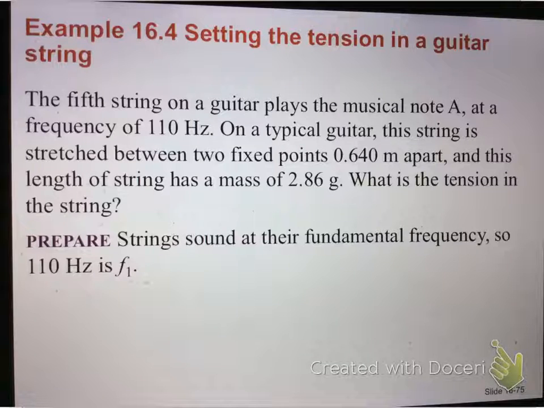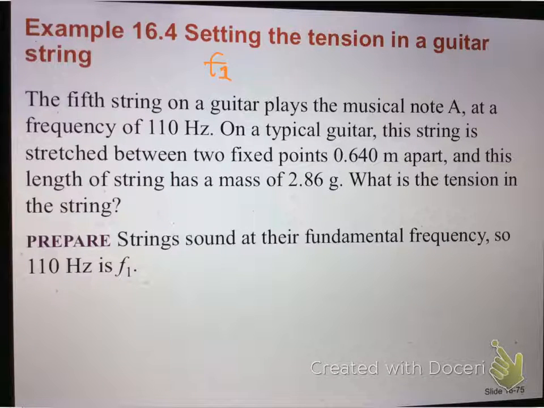Okay, so this next example involves a guitar, which is a stringed instrument. And very importantly, the frequencies that we hear from instruments are going to be the fundamental frequency. So it will form a standing wave, but it's going to be just the first mode number.